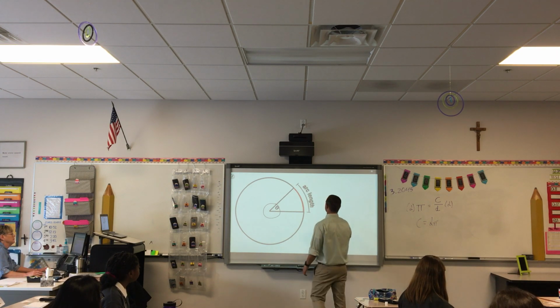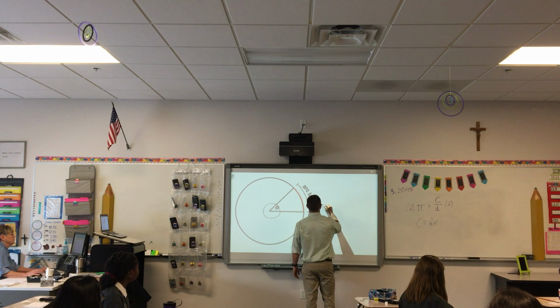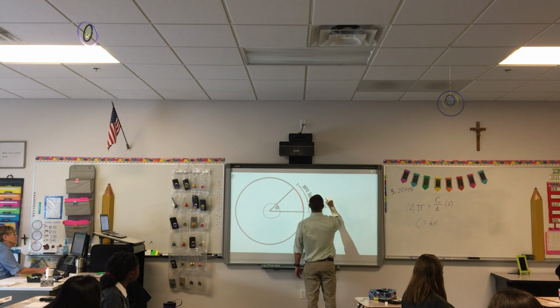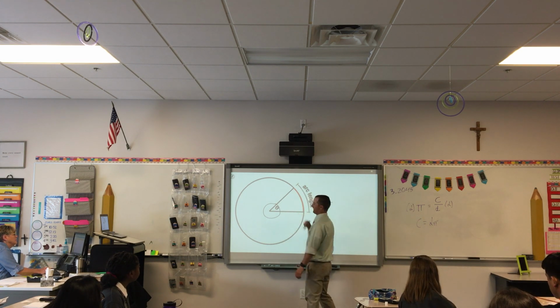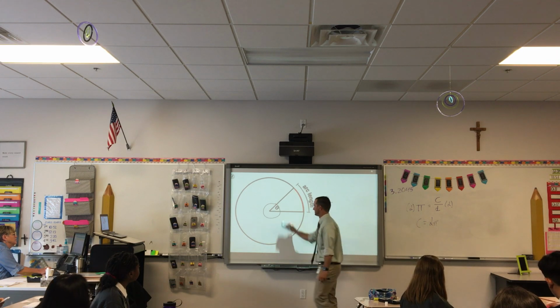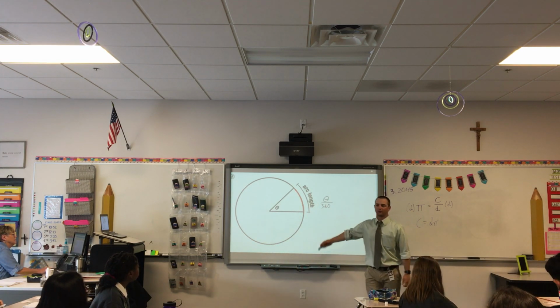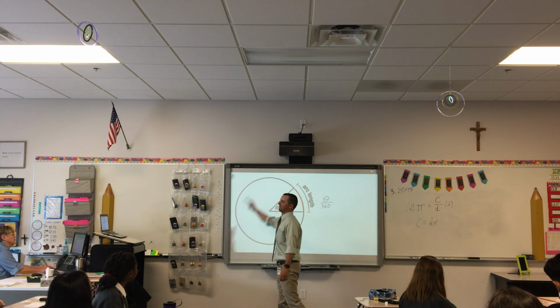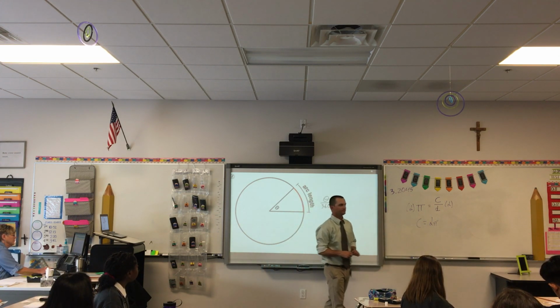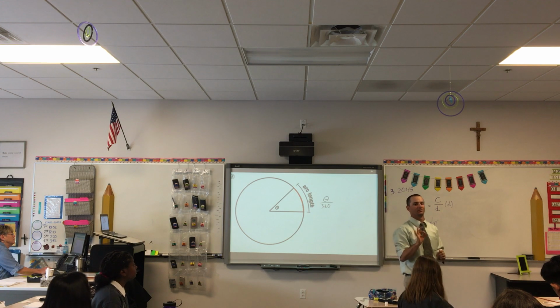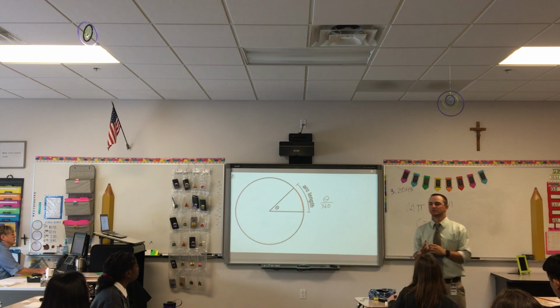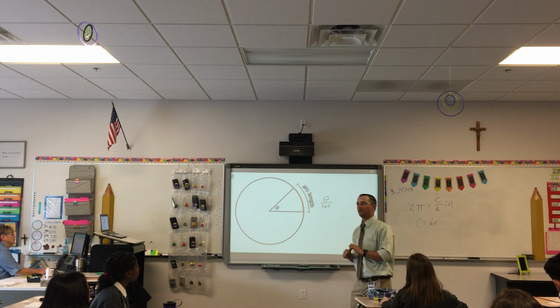If 360 is my total, I'm going to put whatever my arc measure is. And what do you think the maximum arc length of this circle would be? Not 360, arc length. Distance.